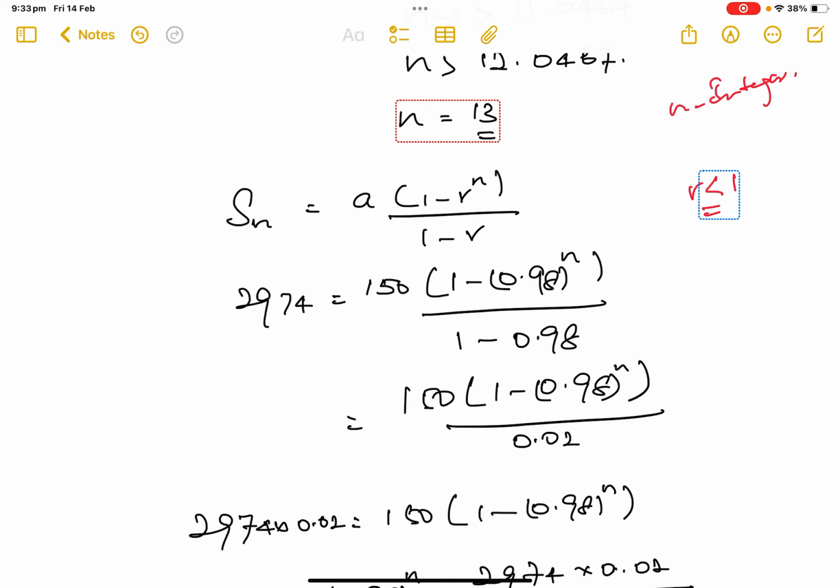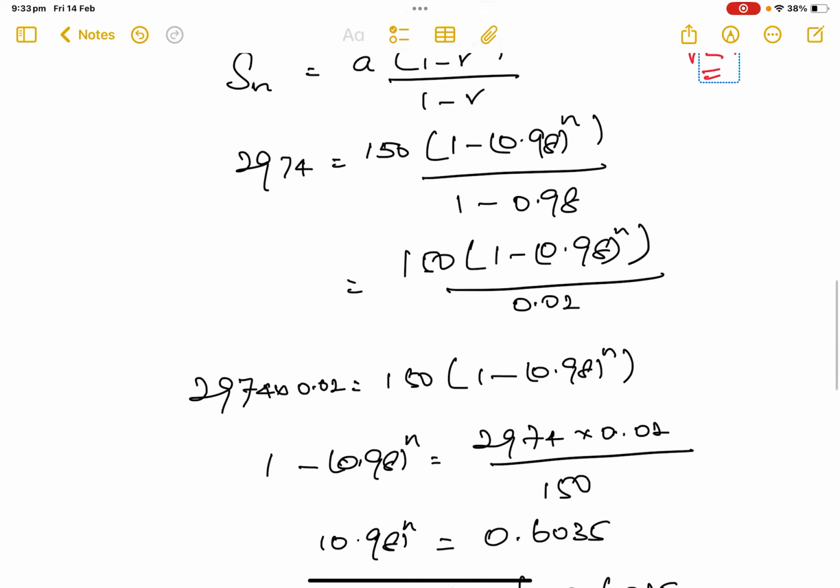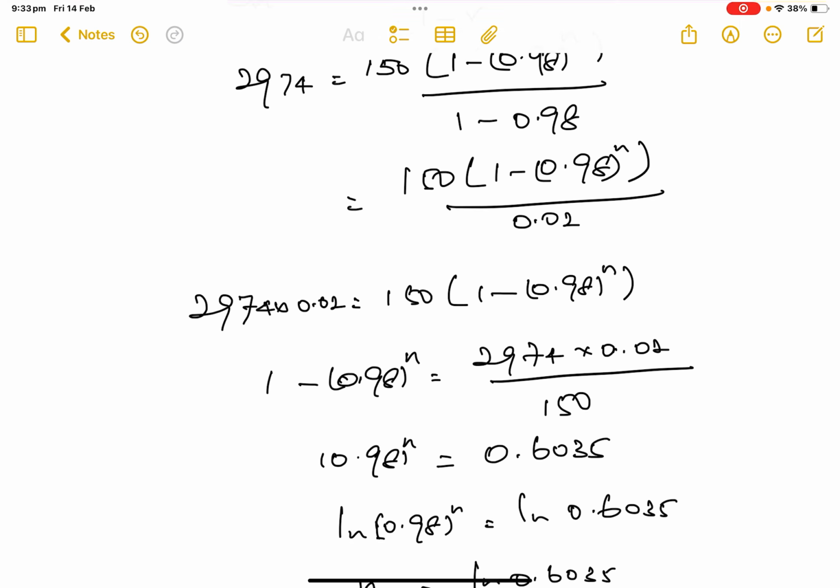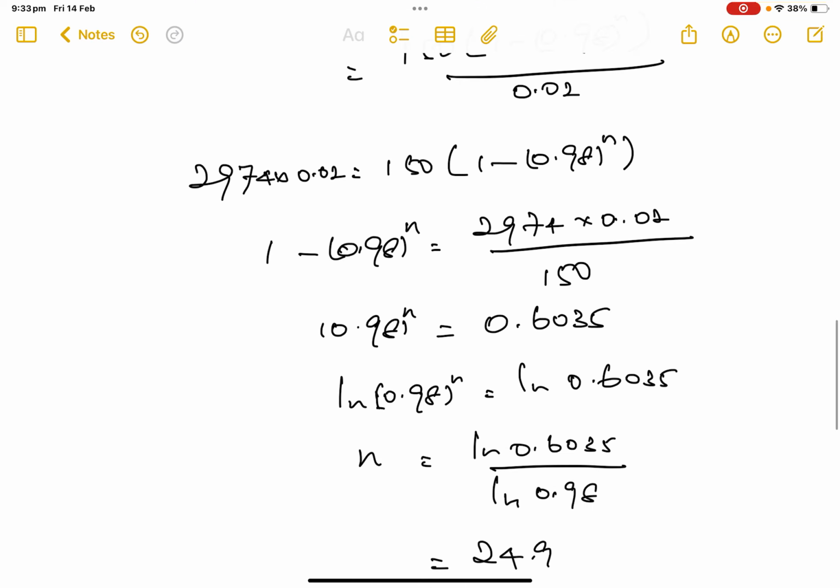So a is 150, 1 minus 0.98 to the power n, because r is 0.98, divided by 1 minus 0.98. That is 150 times 1 minus 0.98 to the power n divided by 0.02. Cross multiplying, 2974 times 0.02 equals 150 times 1 minus 0.98 to the power n.